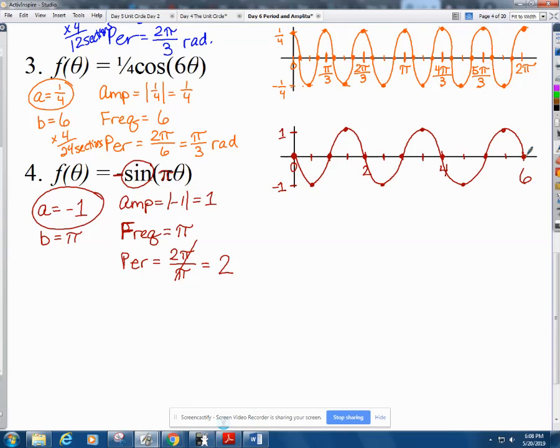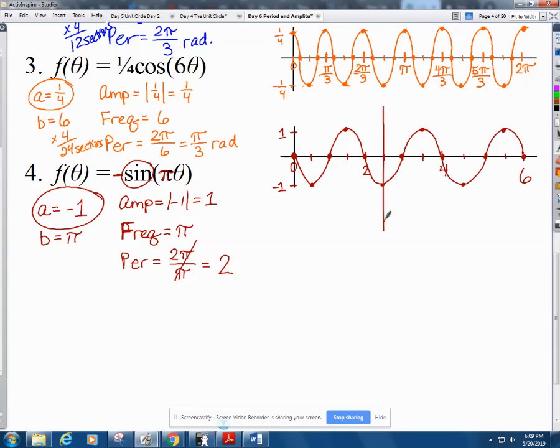Okay, so there's 3 complete curves. The very first cycle ended at 2, and that's that.